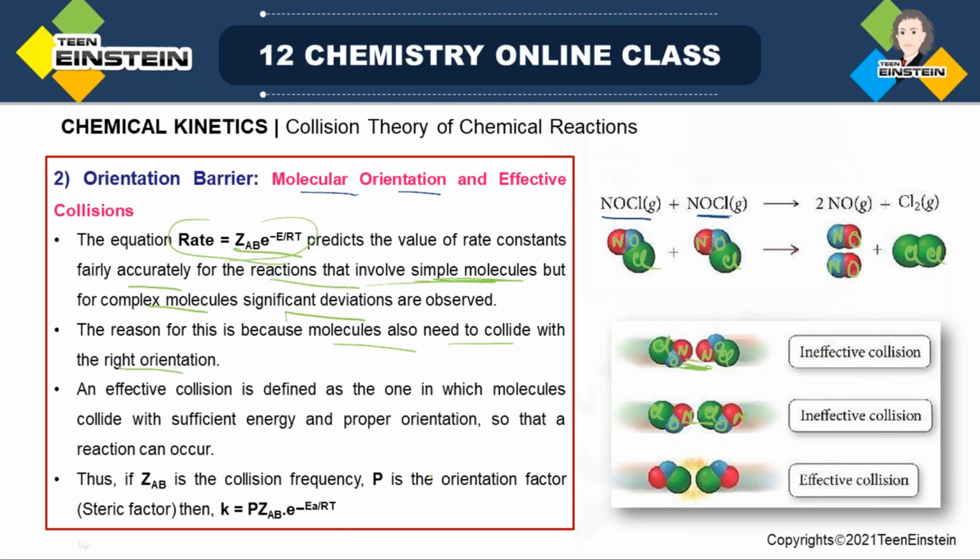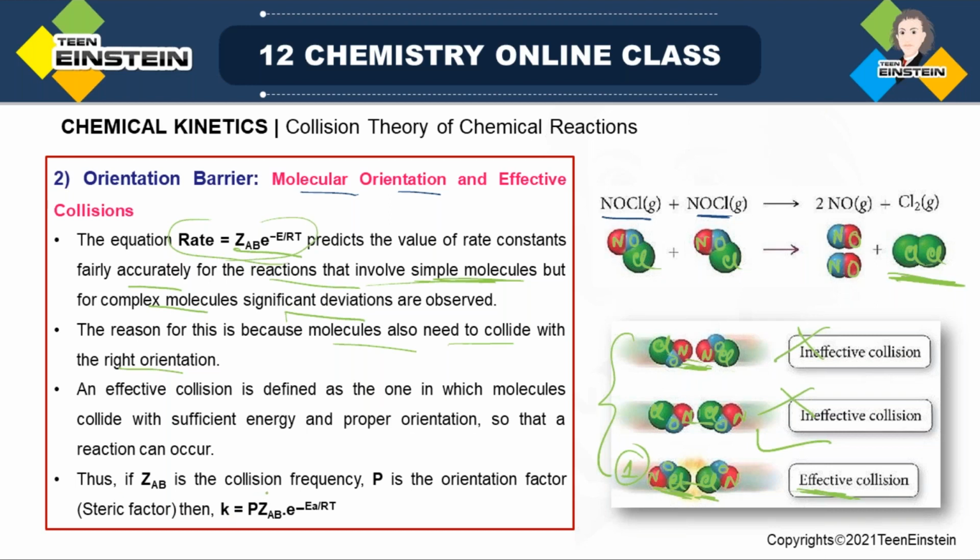So it is of no use that N is approaching chlorine. But in the last case, chlorine and chlorine are approaching each other, which means the bond between chlorine and chlorine can easily be formed, because chlorine is one of the products. So this collision will be effective, but not the other two. Out of 3 collisions, only one is effective. That is the difference between just any collision and an effective collision.